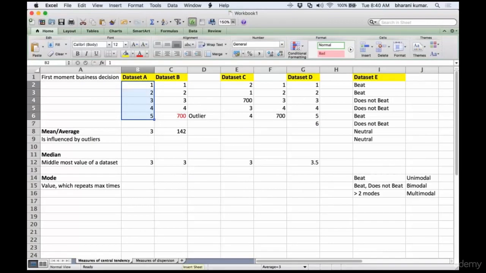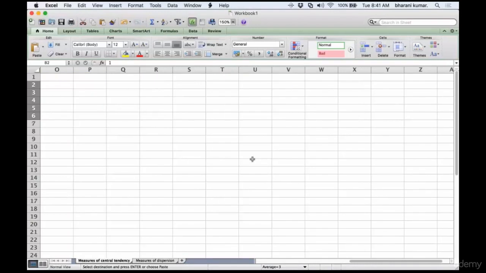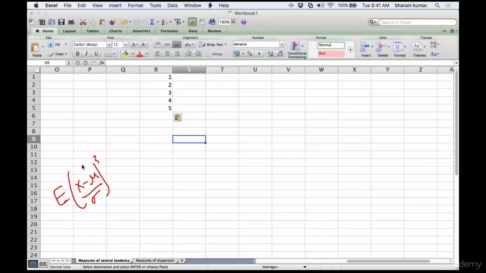Say I'll take 5 numbers, 1, 2, 3, 4, 5. What is the formula for skewness? It is expected value or summation of ((x minus mu) by sigma) whole raised to the power 3. Mu here is mean.